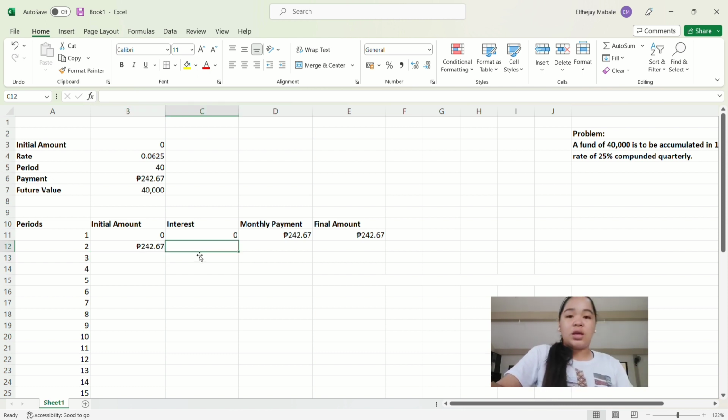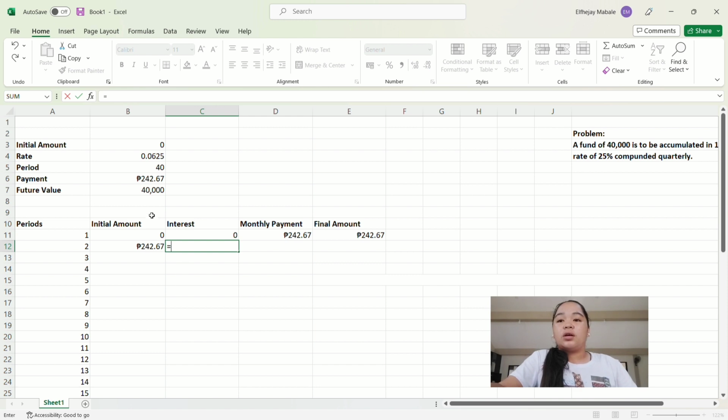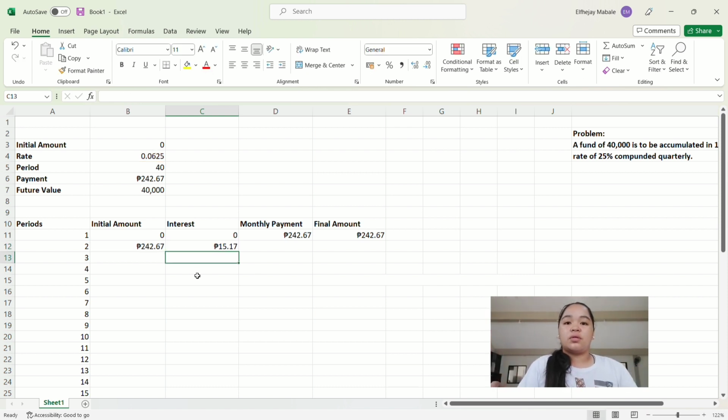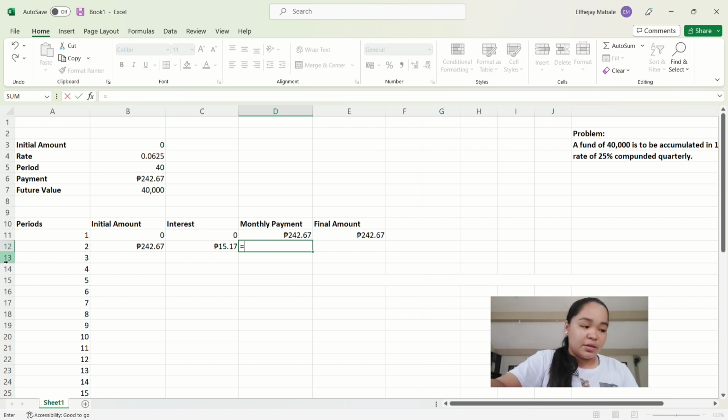Our interest is equal sign, click the initial amount, which is 242.67, and then times the rate, which is 0.0625, and then we put a dollar sign before the letter B, and then between B and 4. So our interest is 15.17.